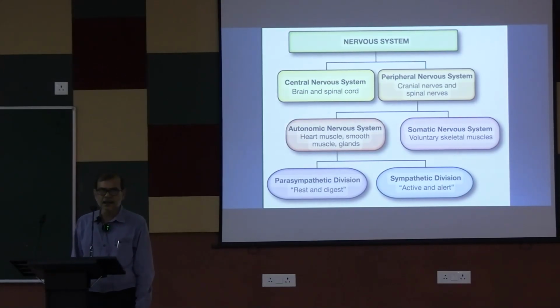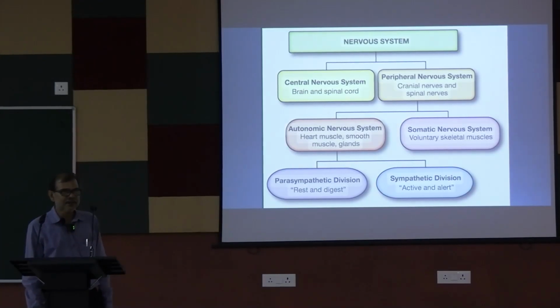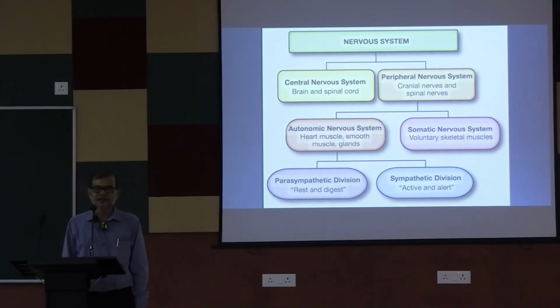Basically, the functions are sensory input, motor output, and autonomic control. Now, diabetes mellitus involving the peripheral nervous system produces an insult at any level of the peripheral nervous system, known as diabetic peripheral neuropathy.